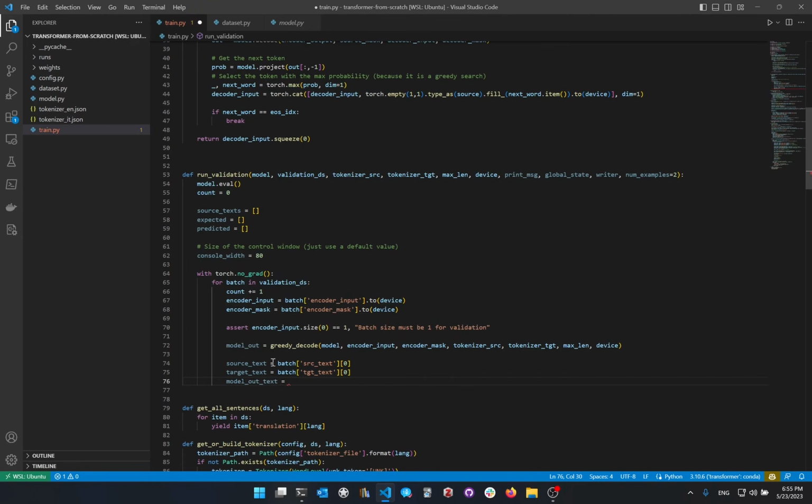To get the text of the output of the model, we need to use the tokenizer again to convert the tokens back into text. And we use, of course, the target tokenizer, because this is the target language.